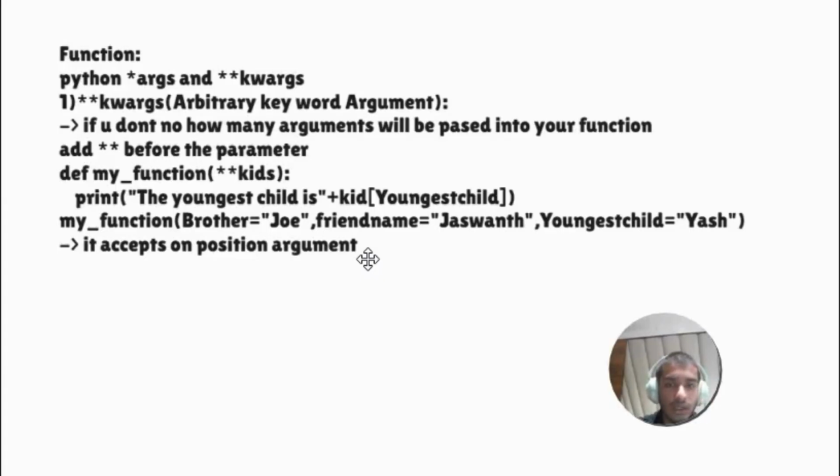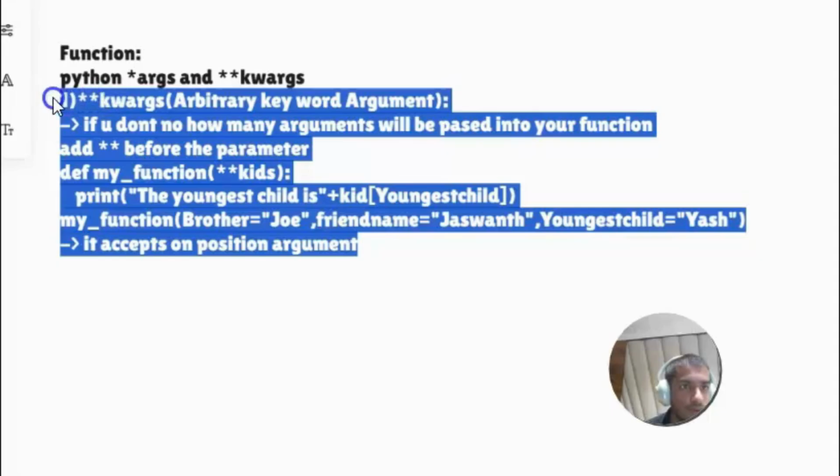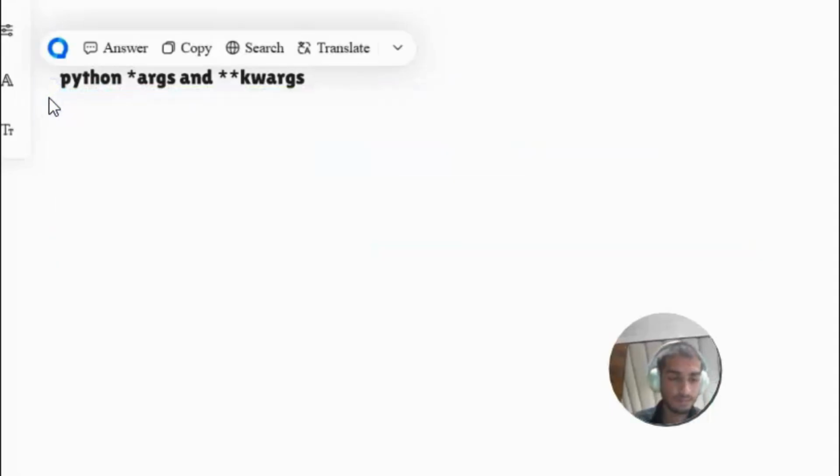So you can't use a positional argument here. Now let's use a combination of arbitrary arguments and arbitrary keyword arguments. We can use both here. Let's use an example.